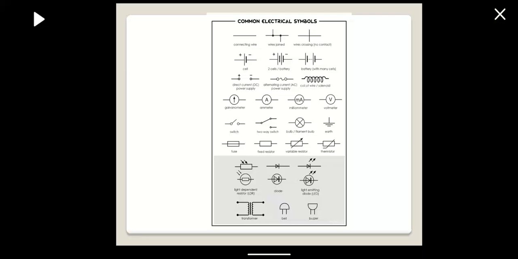These are the common electrical symbols. It is very important to draw the single line diagram as well as the wiring diagram, and symbols are used anywhere for the installation or drawing of installation.